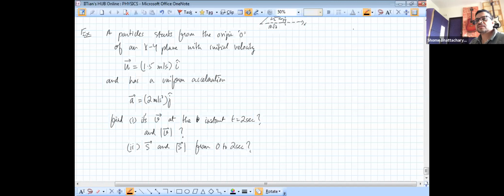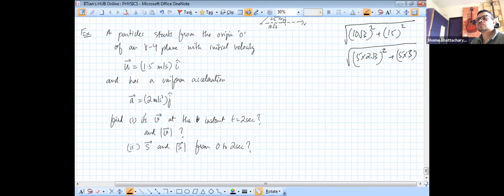Square root in the previous question, that is. Okay, so I just wrote this as 5 into 2√3 whole square plus 5 into 3 whole square. So then I took the 5 outside.